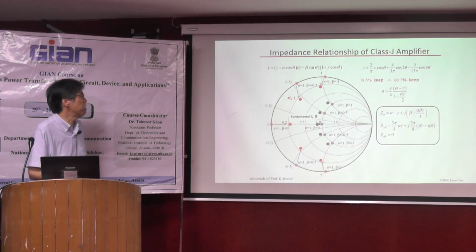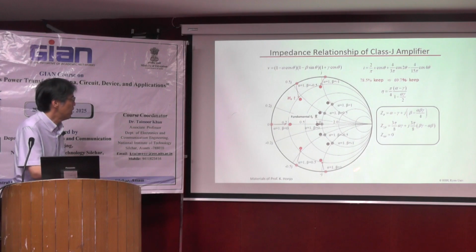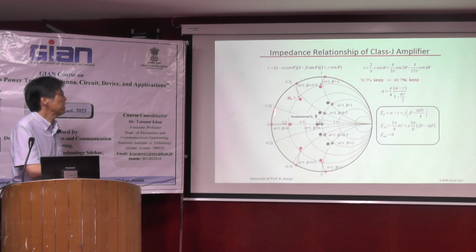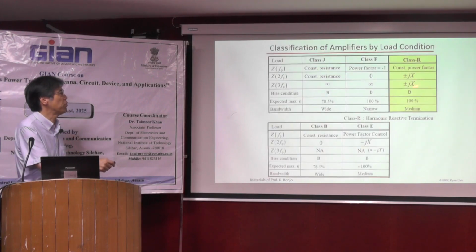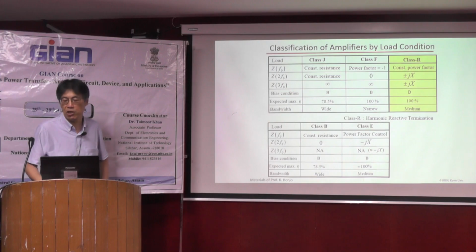So this is the relationship between the class J and class R amplifiers. Through this, outside of the Smith chart, we put these impedance points. As a result of the relationship of these impedance points, plus minus jX and plus minus jX, theoretically this class R amplifier has 100% conversion efficiency, he said.